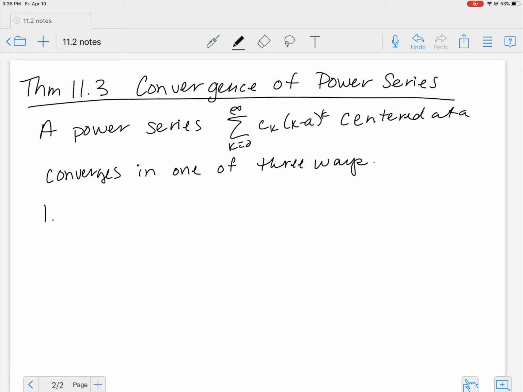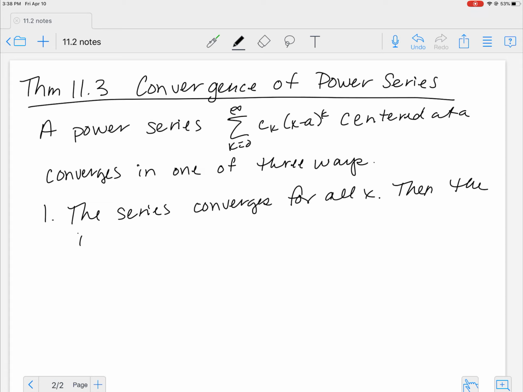First way that this could converge: the series converges for all x. Pardon me, I said center, I meant series. Then the interval of convergence is negative infinity to positive infinity, and my radius of convergence is infinity.